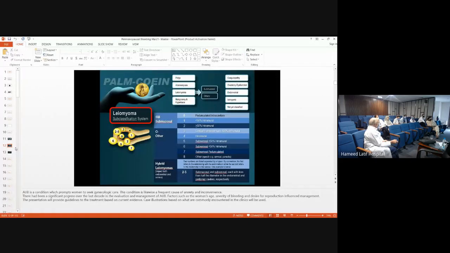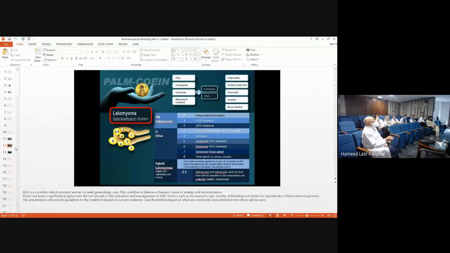And 2 is more than 50% intramural and projecting into the endometrial cavity. 3 is completely intramural or just touching the endometrium here. 4 is completely intramural. It is equidistant from the serosal surface as well, but it is not indenting either of them. And the 5 is when it is more than 50% intramural and so on.